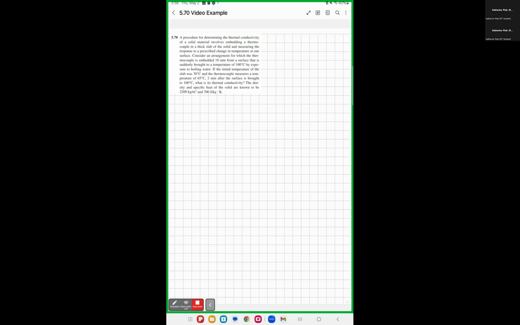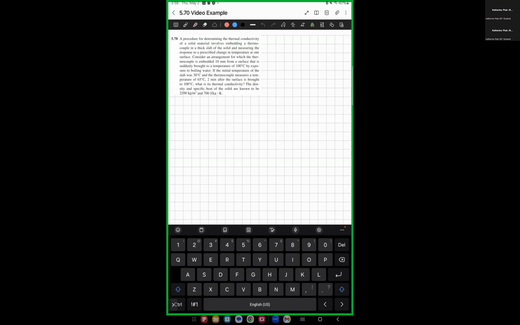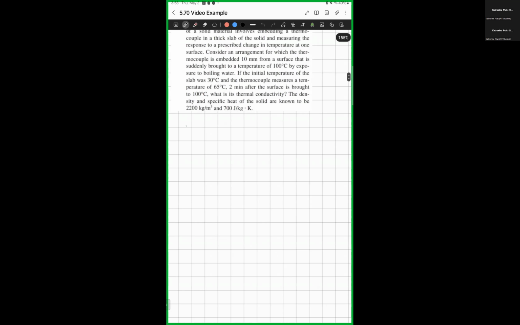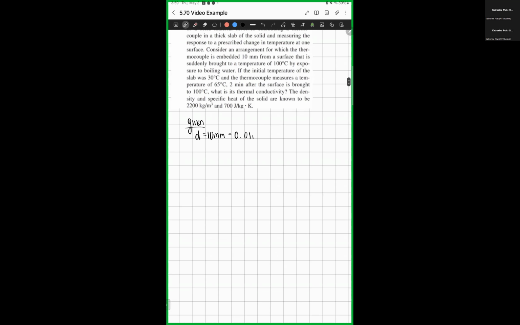Okay, so we are just going to start off by writing our givens. So we know that the distance equals 10 millimeters, which equals 0.01 meters. We know T initial equals 30 degrees Celsius.